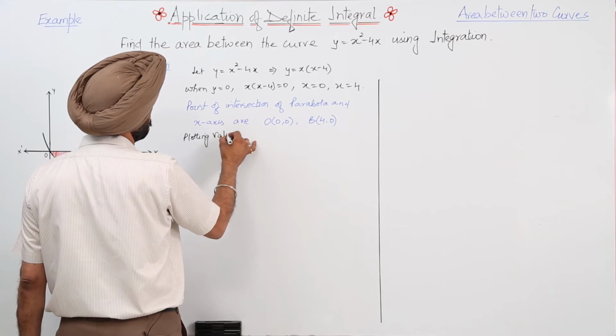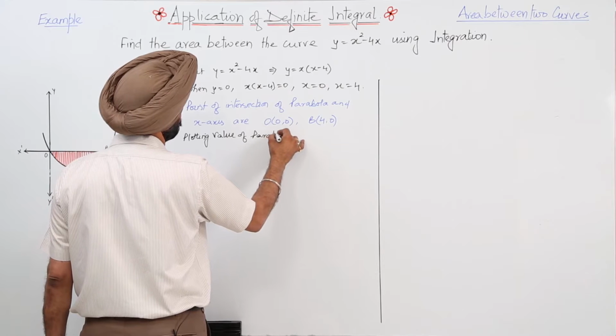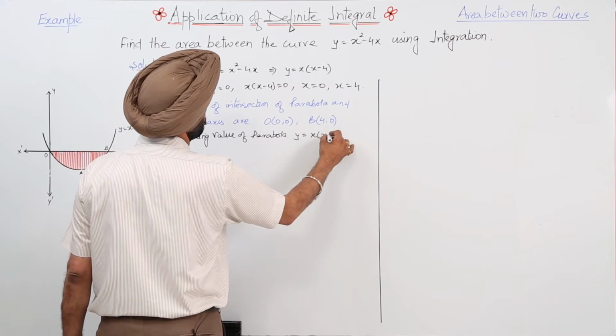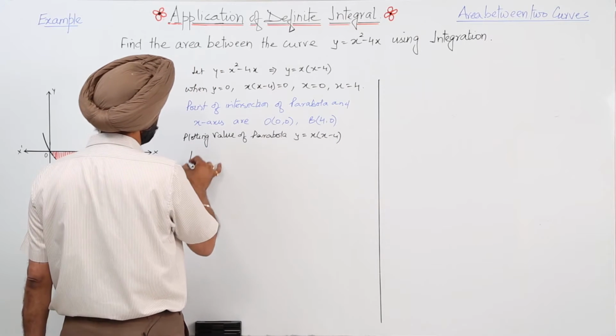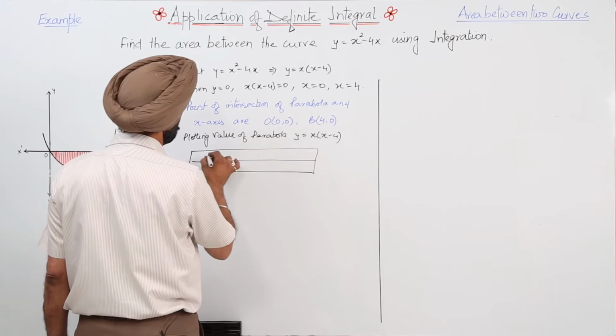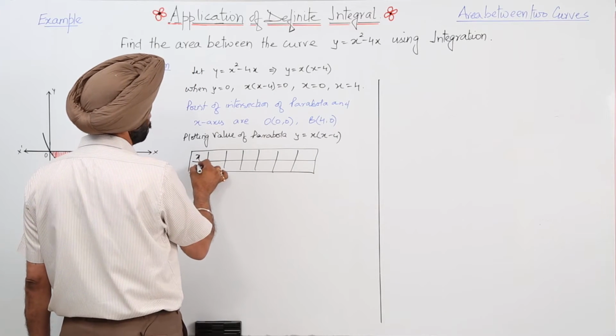Plotting values of the parabola. y is equal to x(x minus 4). X and y.